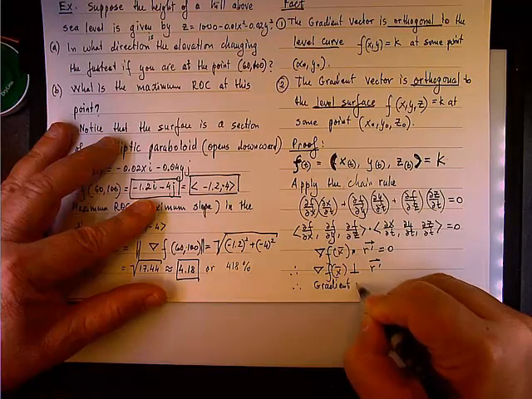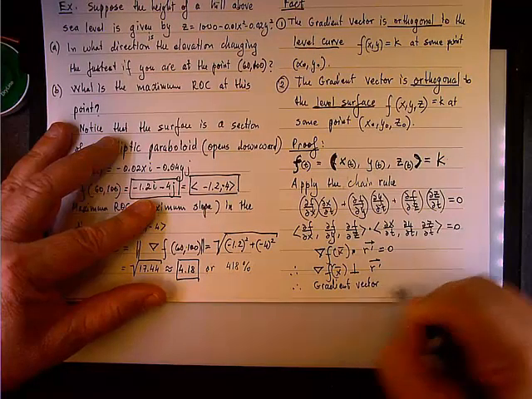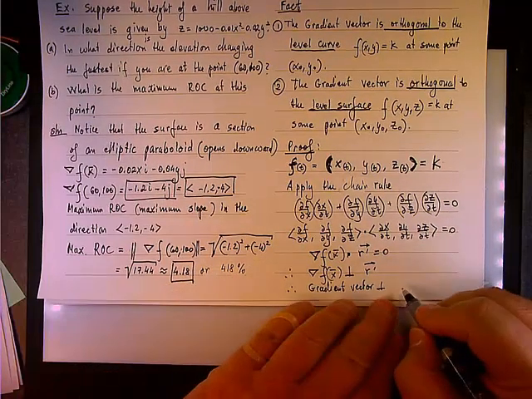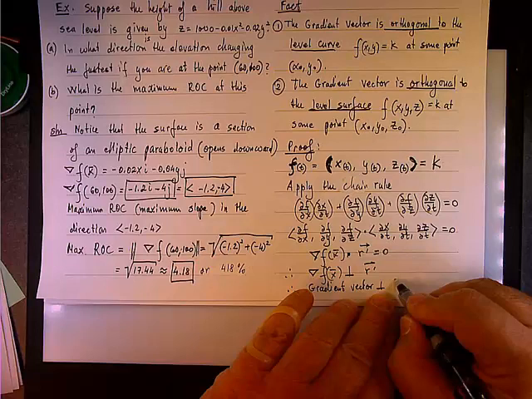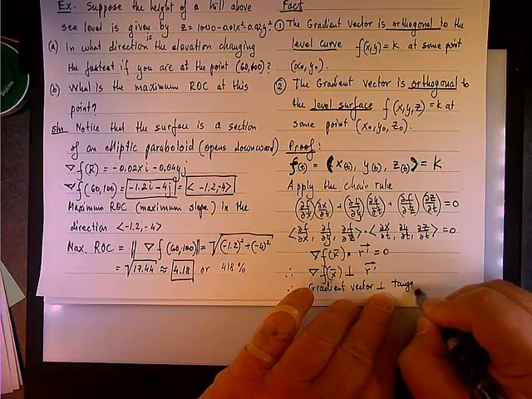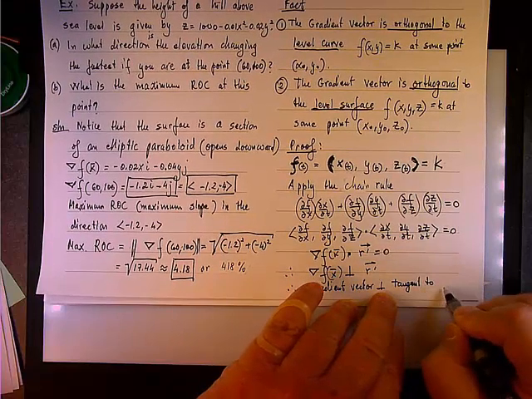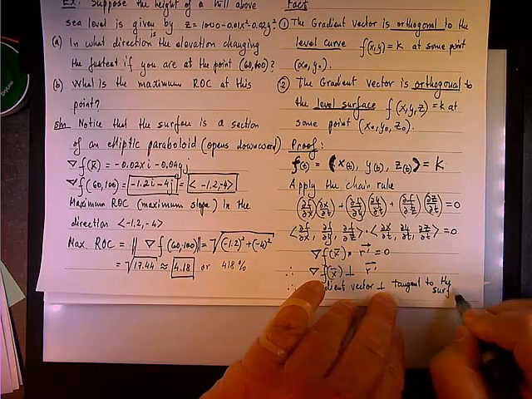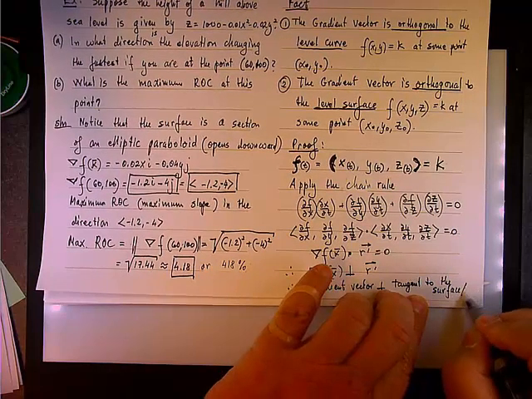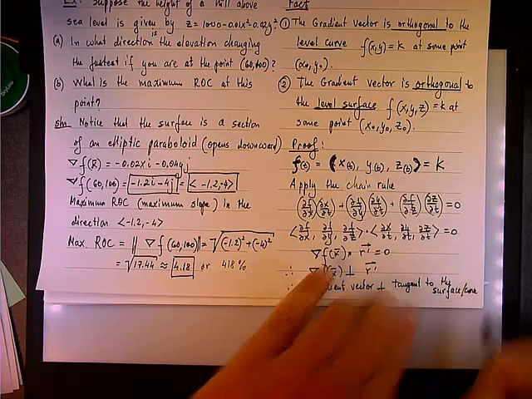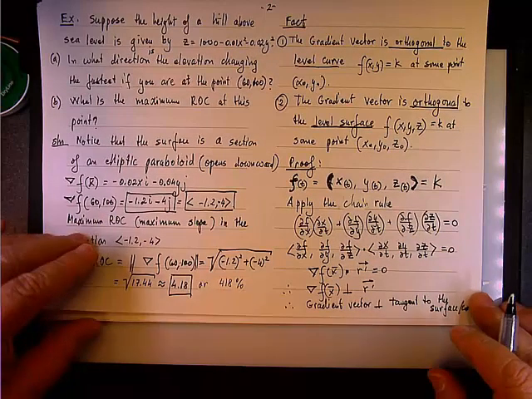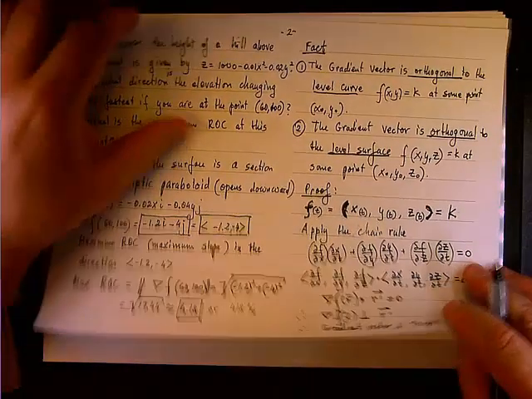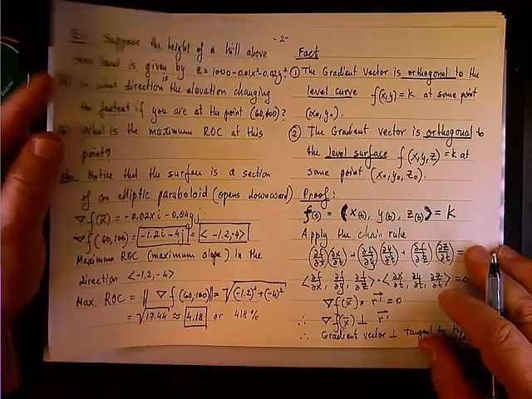The conclusion is that the gradient vector is perpendicular to either, in three variables, the tangent to the surface, or the curve, depending on the number of variables.